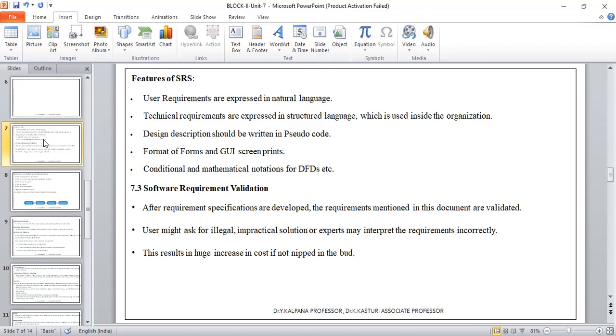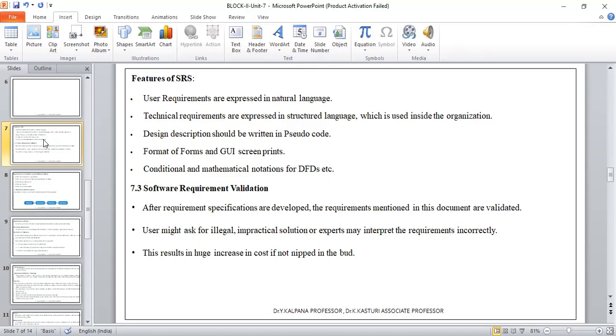After collecting the software requirement specification, the next step is validating the software requirements. Not all the requirements can be implemented practically. Some valid requirements will be illegal. Some requirements cannot be implemented practically. Some may be interpreted wrongly.